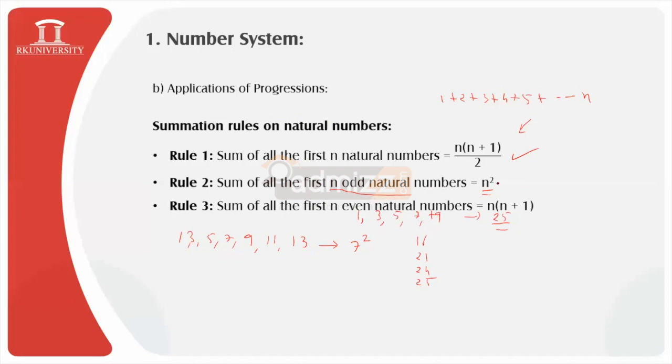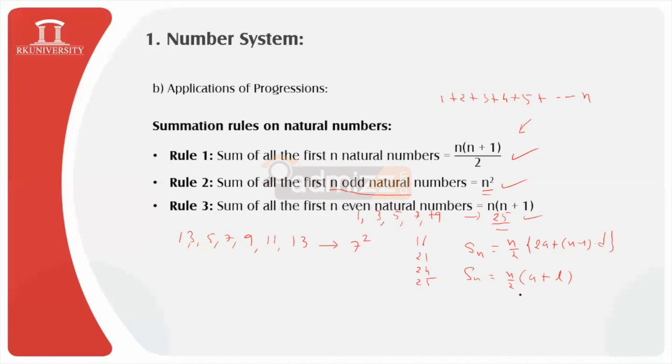Rest of all, you have to use Sn equal to n by 2 in the bracket twice a plus n minus 1 into d. You may use this or you can use n by 2 in the bracket a plus l.